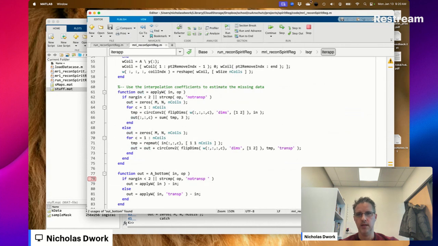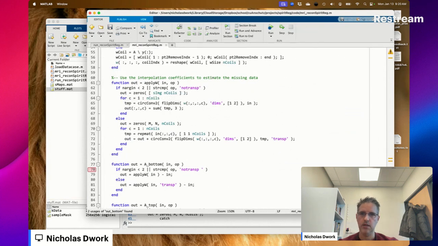MN. It doesn't like that. S image, because we don't have M and N, we have S image. Here's what I'm going to do.